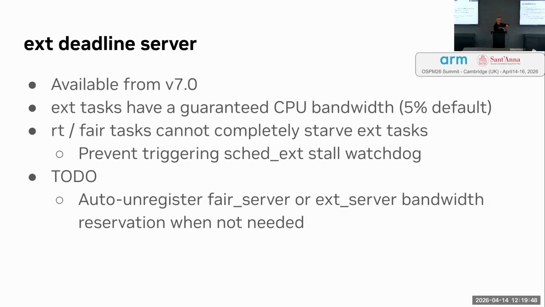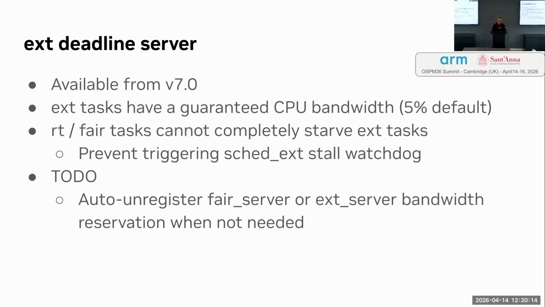They're not in fair yet, so they're still running in the EXT class, but it's called bypass mode, where everything is essentially moved into the core SCX scheduler, which is a FIFO, and waiting to be transitioned back to fair. So essentially what we need to do is to unregister the bandwidth reservation at the end, when everything is moved back into fair, I think.